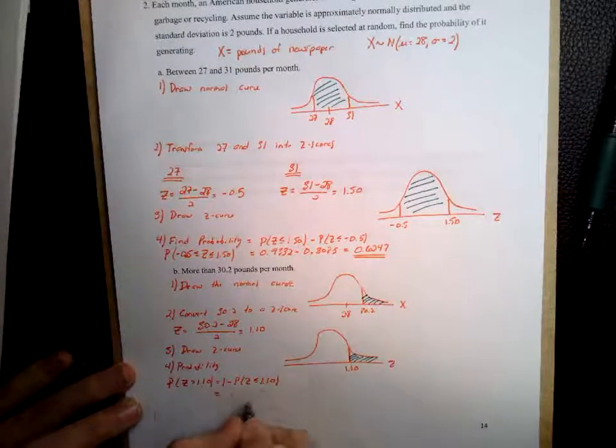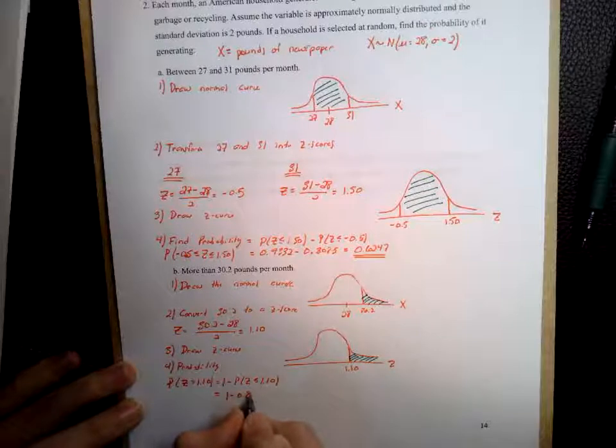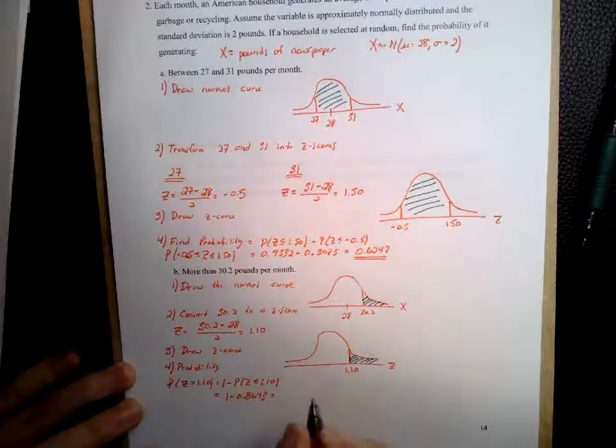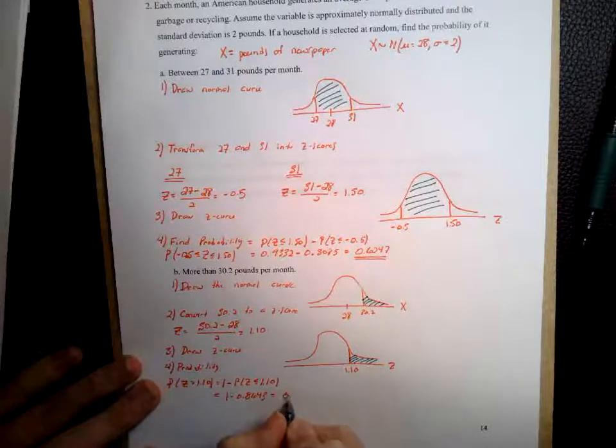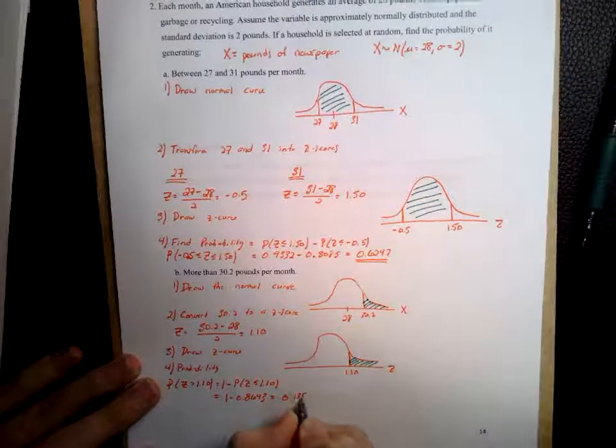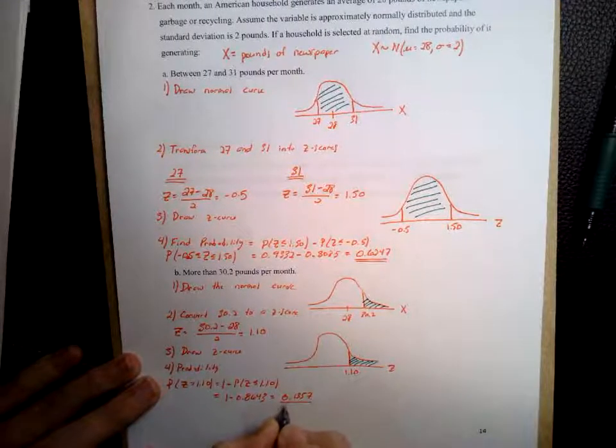And then if I look up this probability in the table, I will get 0.8643. And that will give me the probability I'm interested in is 0.1357.